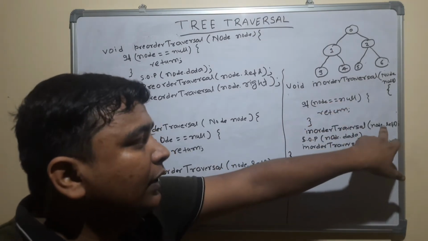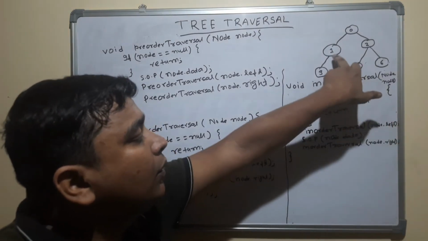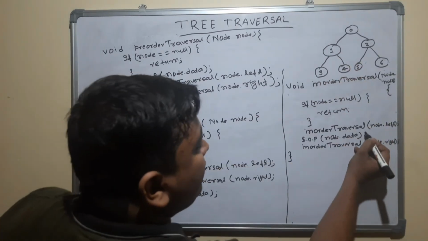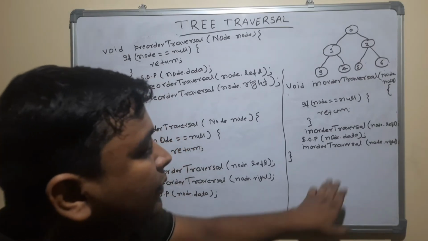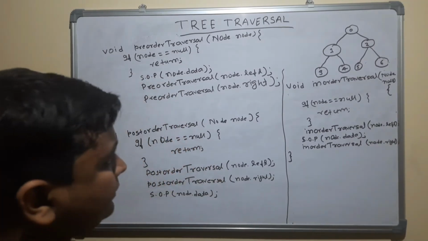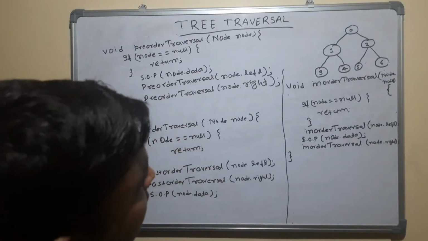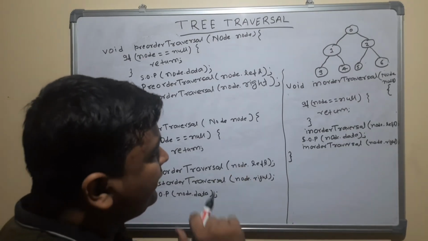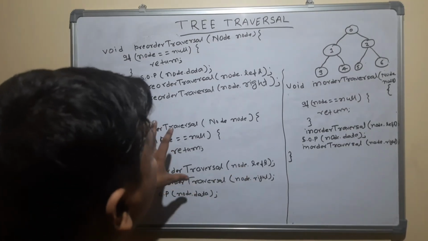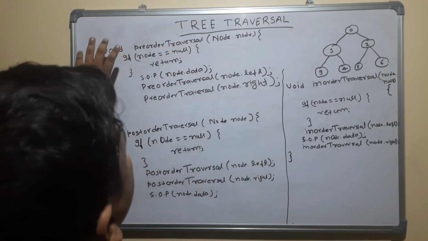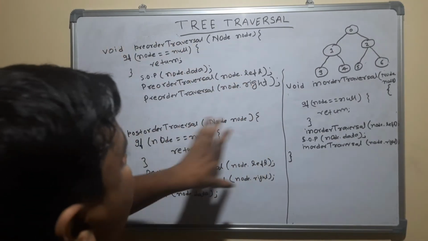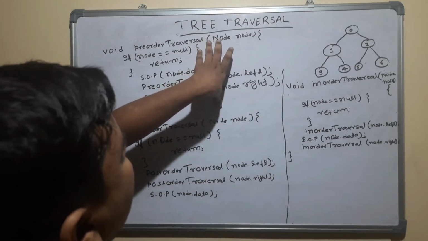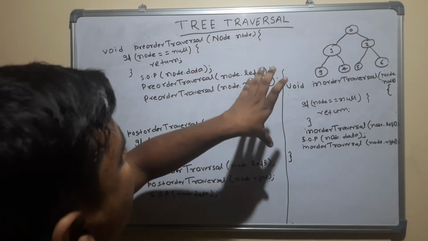Then we are processing the left node first, then we are printing the data, and then we are processing node dot right. So these three are the functionality of all the three traversals which are used in DFS.